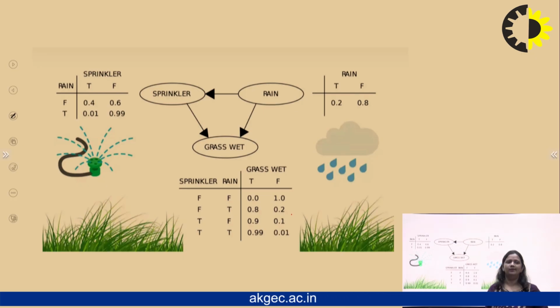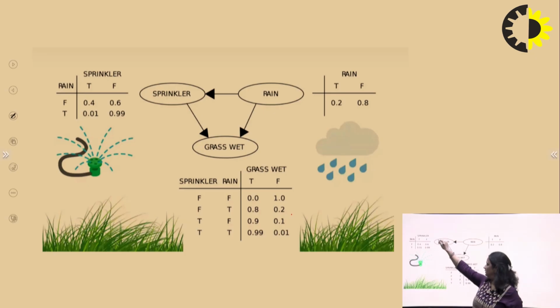Sprinkler depends upon rain, grass wet depends upon sprinkler and rain. So these are given a probability.